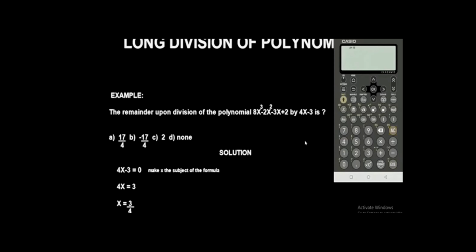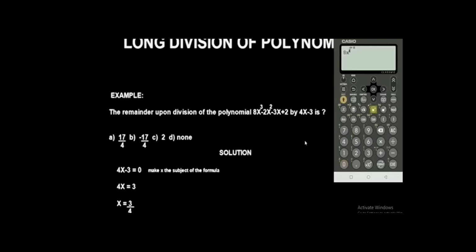So right now, let's use this value of x we have stored to simplify the polynomial. That's just the idea. We get the remainder now. So let's input the polynomial we have there, the dividend. We have 8x, to bring out the exponent, shift and this button, cube.